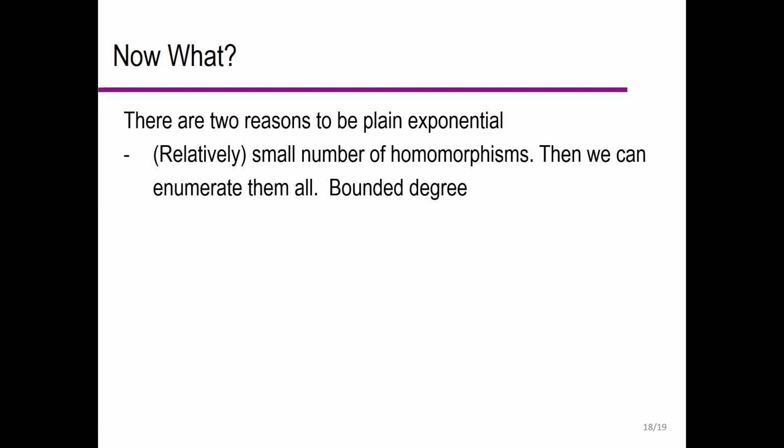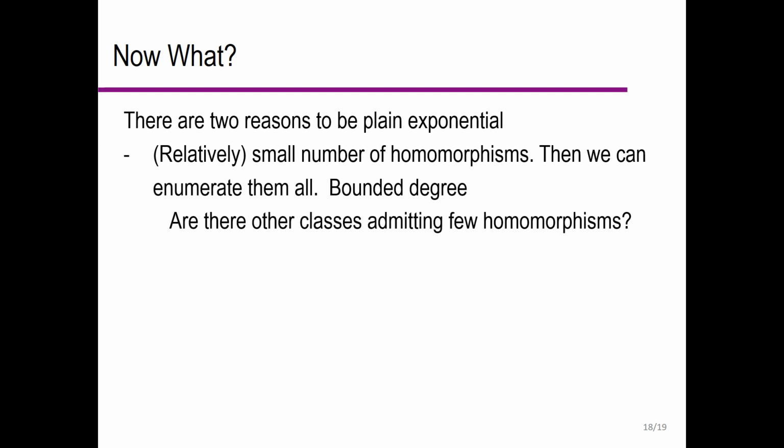So what can we do after that? What are possible future directions for work? First of all, note that basically there are two reasons for a class of graphs to be plane exponential. One is to have a relatively small number of homomorphisms, like graphs of bounded degree. In that case, we can simply enumerate them all, and thus solve the problem. Are there other classes beyond bounded degree that admit few homomorphisms?